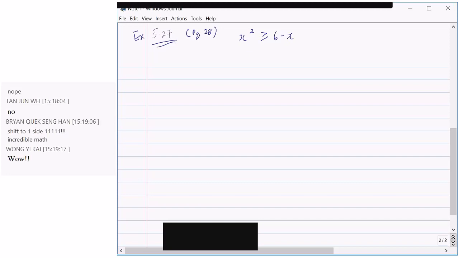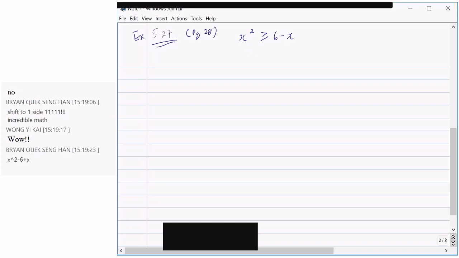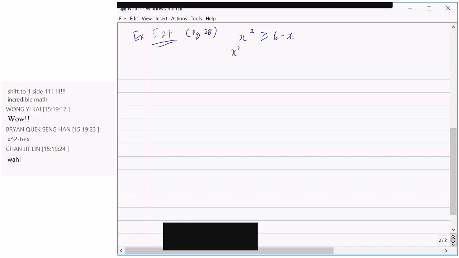Left hand side becomes what? Nice. X squared plus x minus 6. I have a habit of making the x squared come first, then the x term, then the constant term, okay? Like that is better. Then you won't make mistakes when you solve it later. Bigger than or equal to 0.